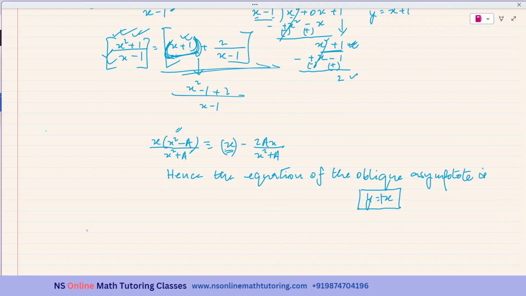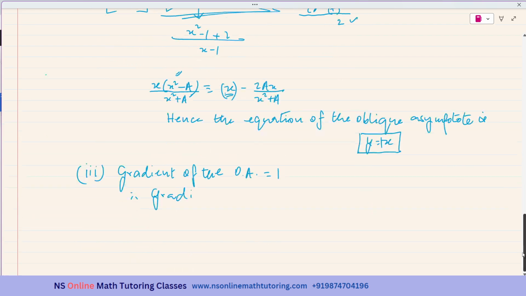Okay, so the gradient of the oblique asymptote is equal to 1. Therefore, the gradient of the tangent will be equal to 1 because these two lines should be parallel.